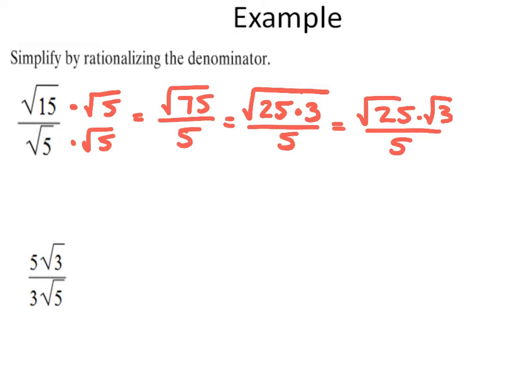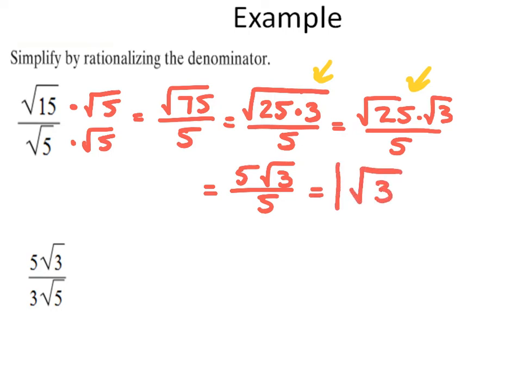And if I finish simplifying that, you would get square root of 25 is 5, square root of 3 over 5. Now again, we talked about how you don't necessarily need to show both of these steps at this point, and that's fine. But once we get to here, the 5 is divided by 5, and those would cancel out. So your final answer should be square root of 3.